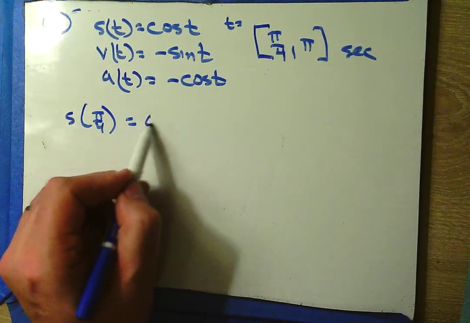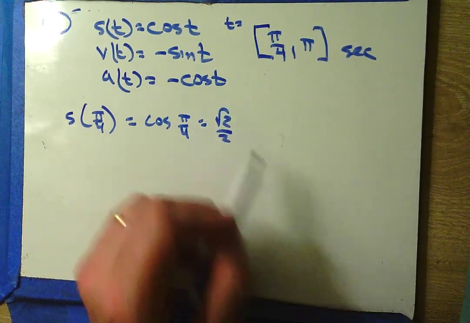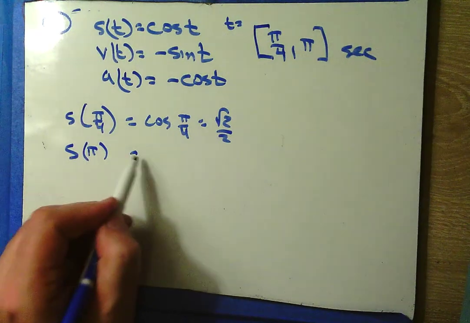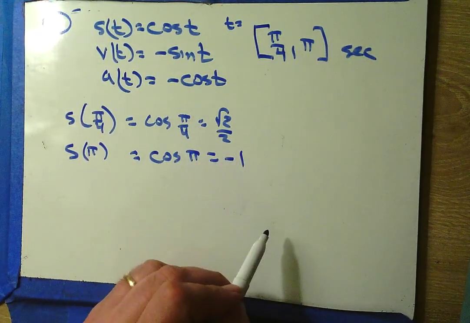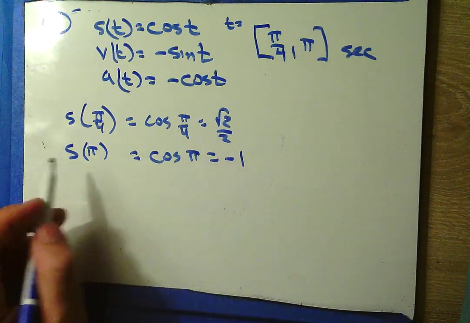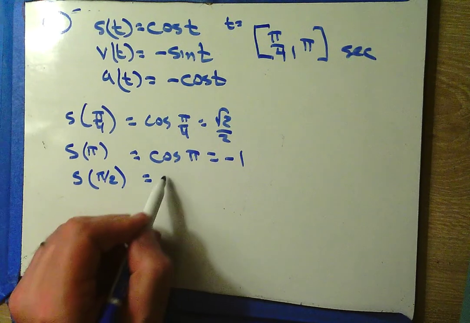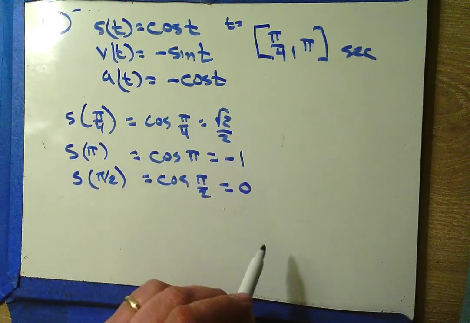Well, that's cosine of pi over 4, which is root 2 over 2. And what's S of pi? Well, that's cosine of pi, which is negative 1. And what about S of pi over 2? That's cosine of pi over 2, which is 0.